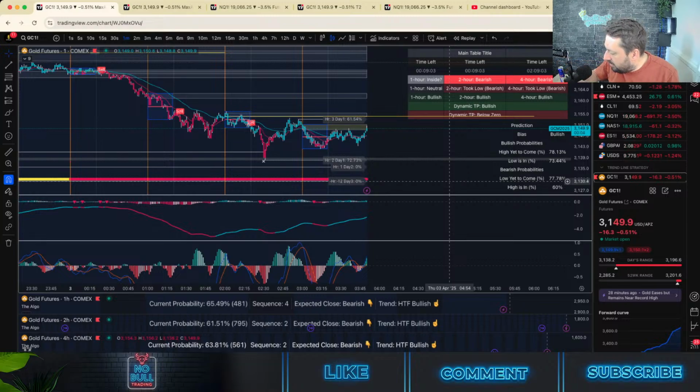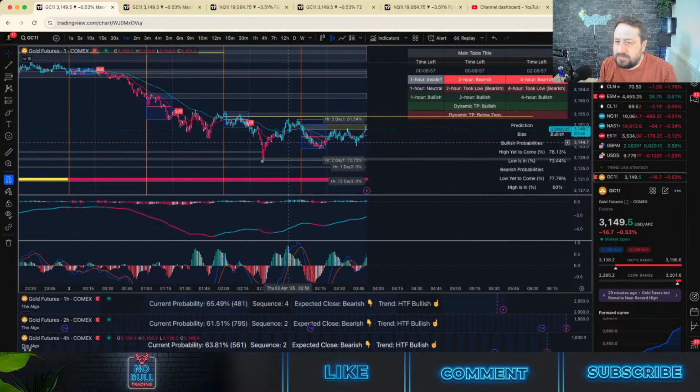So on this stream we trade with probability. One of the probabilities we have is the formation of a candle. What we can see here in the 4-hour, the orange lines represent the beginning of an hour. This is our first hour, which we've gone bearish and we've stayed below the open, which is an indication of a bearish start.